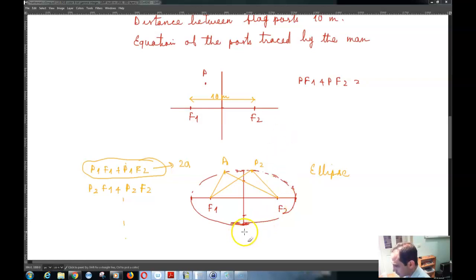If you take this distance as a, then any point that you pick on your ellipse and find the sum of the distances of that point to the two foci, that's going to be 2a.